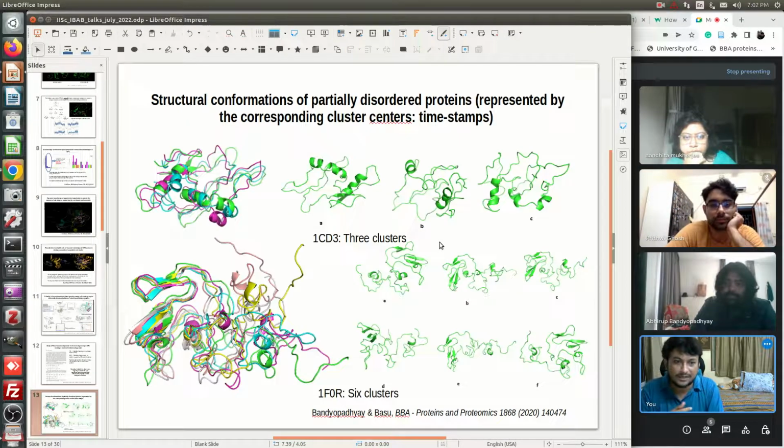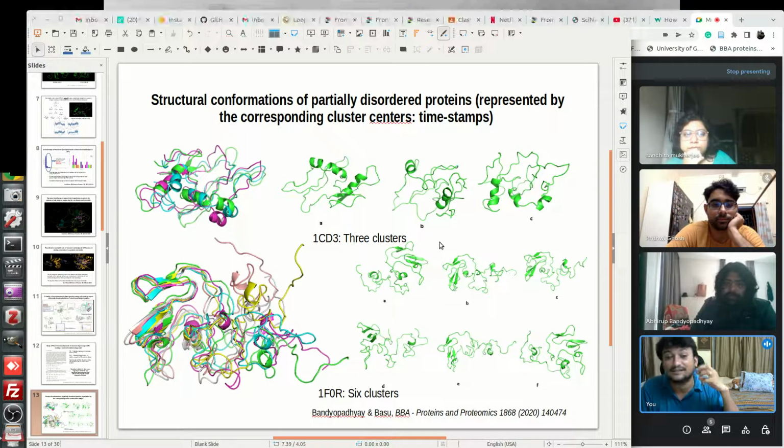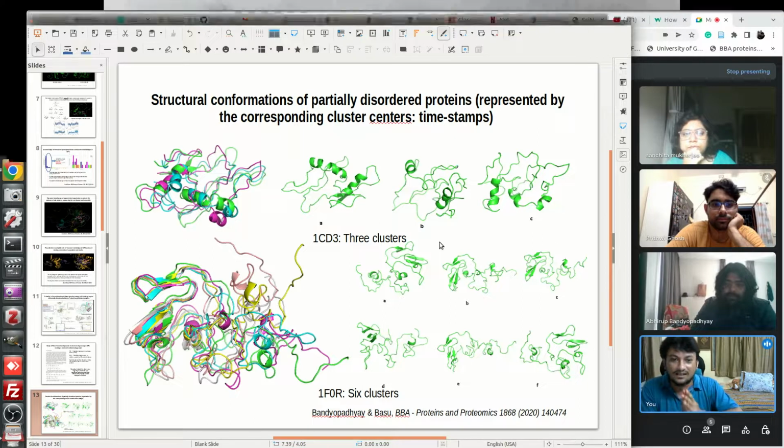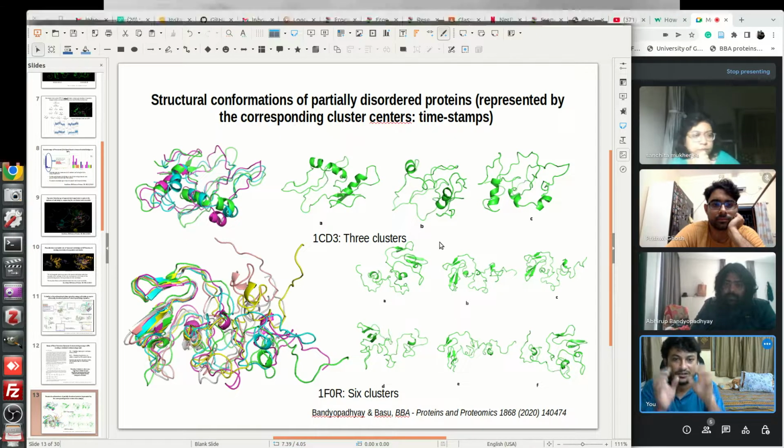So in more structural terms, when we looked at the conformations of the IDPs, we found that conformations are centered around certain conformational cluster centers. The conformations are clustered around certain preferred conformations, and those preferred conformations deviate within a certain limit to a central conformation.